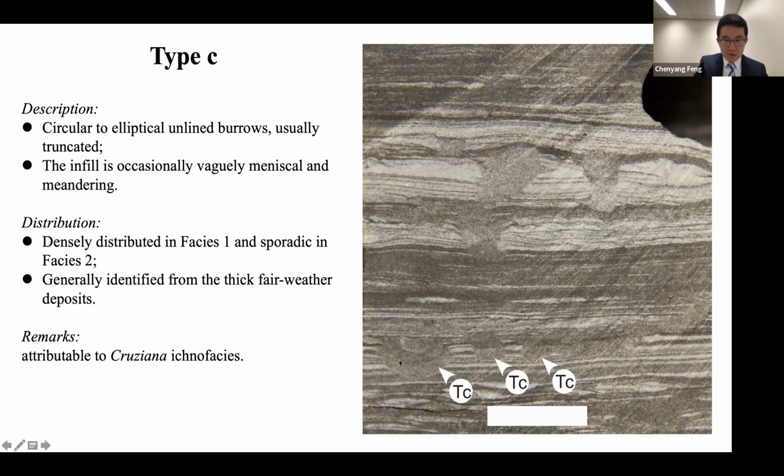The distribution of type C is different from type A and type B. They are commonly identified from the thick bituminous finer siltstone units representing fair weather deposition, and mostly identified from lithofacies 1. It is interpreted that type C represents a group of trace fossils attributable to the Cruziana ichnofacies.